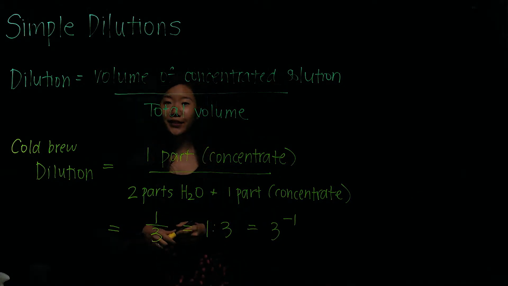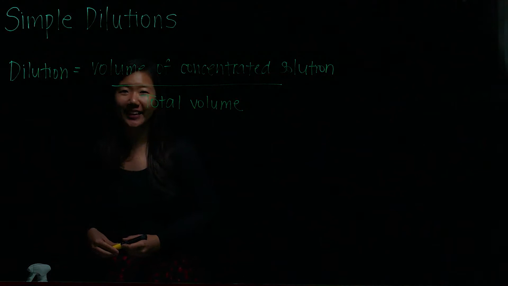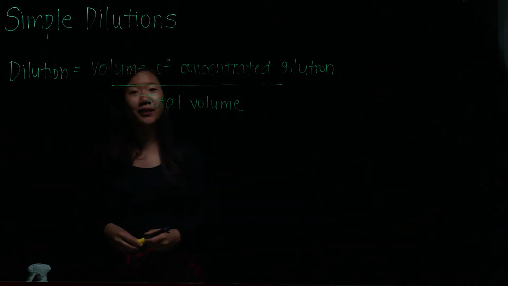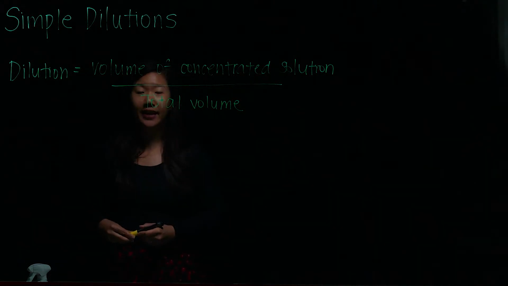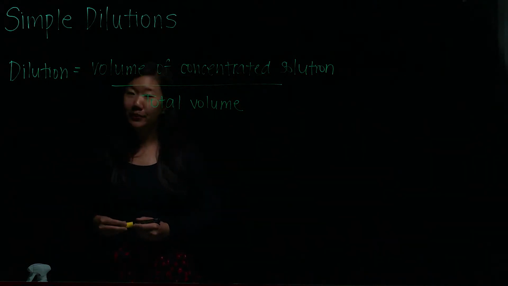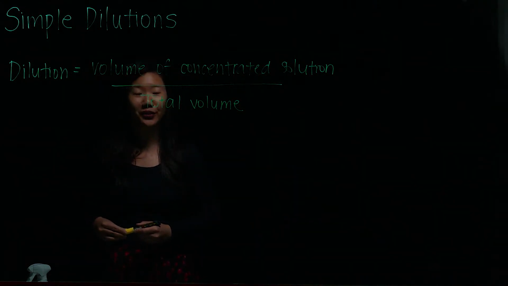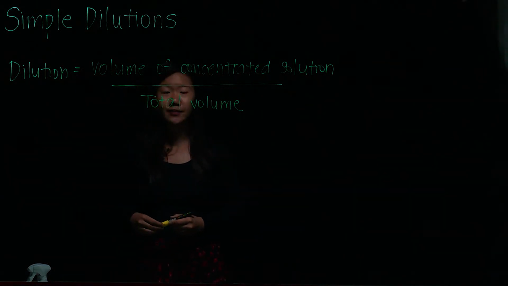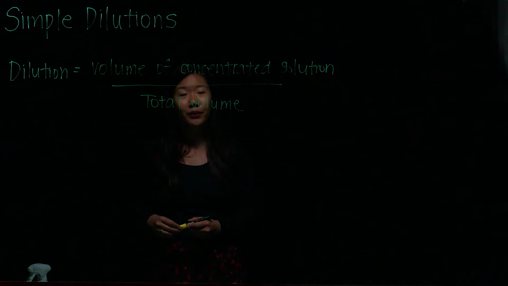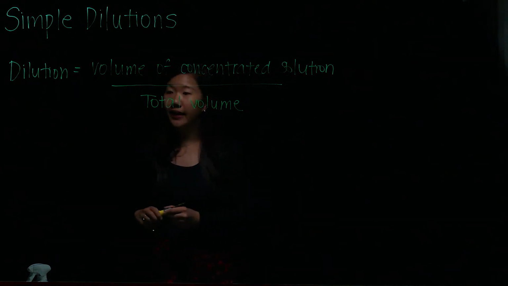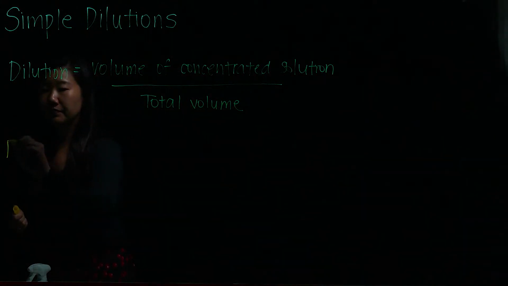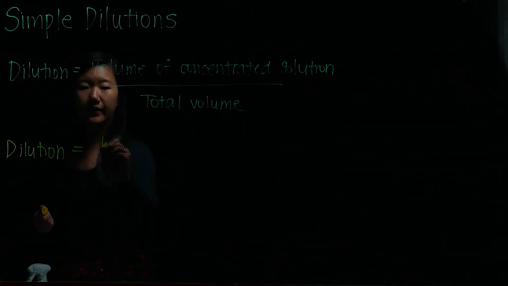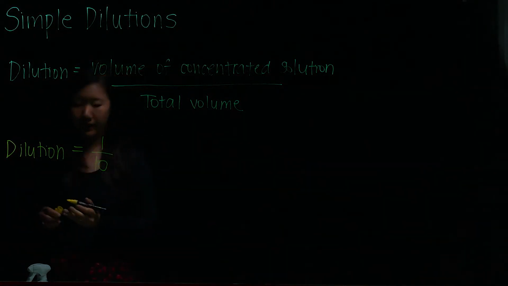So let's take another example. In biology, you aren't really likely to see 1/3 dilutions. It's not that common. What is common are dilutions like 1/10 or multiples of 10, 1/100, 1/1000, or 1/2 or 1/5 dilutions. So let's do another example where we have to make a dilution that is 1/10.